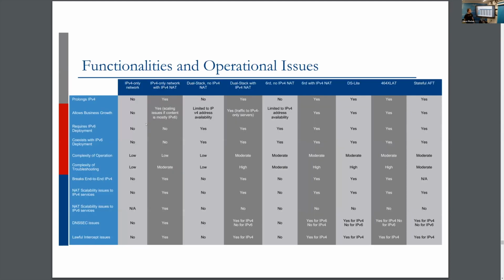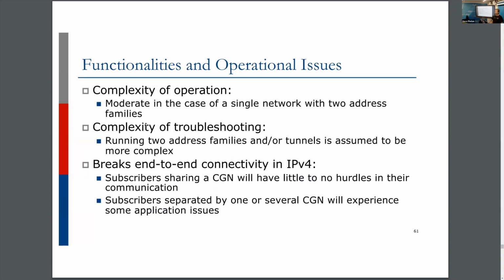So recommendations, this is just a chart of all of the different transition techniques and the different things you need to look at that might need to change within your network. Also, in terms of how much of a pain is this to run and troubleshoot. So think about complexity of operation, how hard it is going to be for me to find problems, and we're still breaking end-to-end connectivity in IPv4.